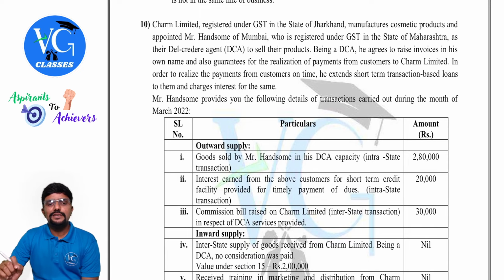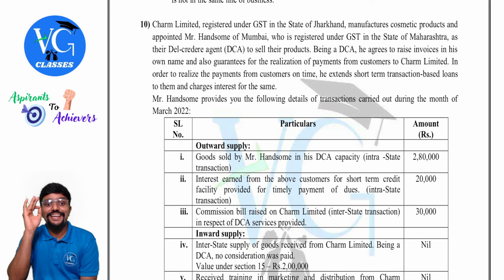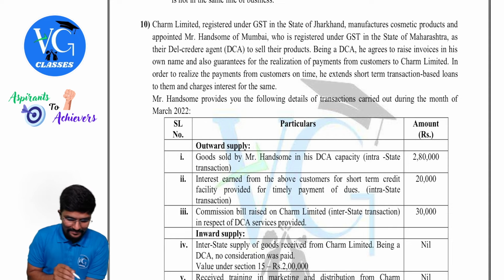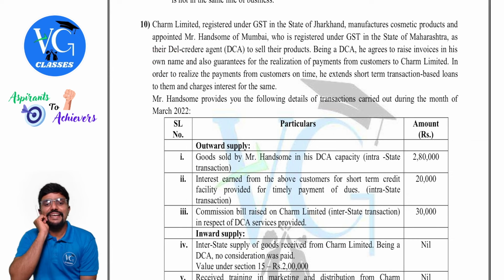Charm Limited, registered under GST in the state of Jharkhand, manufactures cosmetic products and appointed Mr. Ansem of Mumbai, who is registered under GST in the state of Maharashtra, as their Del Credere agent to sell their products. Being a Del Credere agent, he agrees to raise invoices in his own name and also guarantees the realization of payments from the customers to Charm Limited.